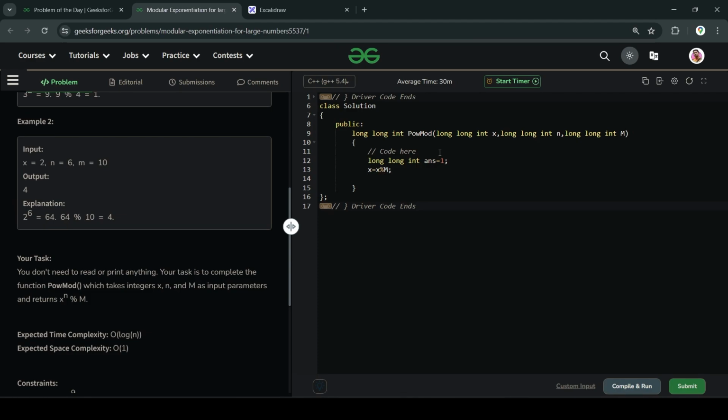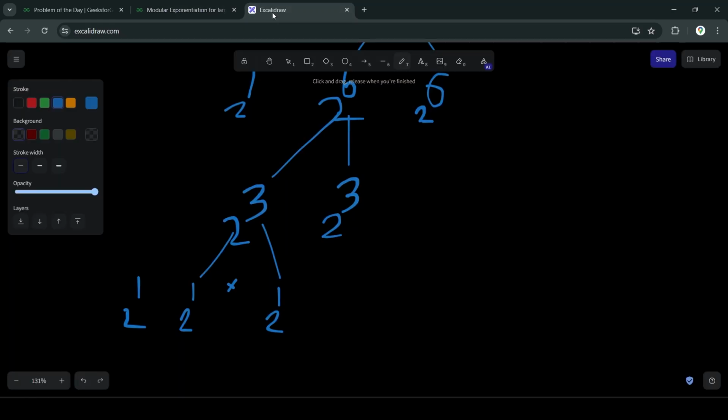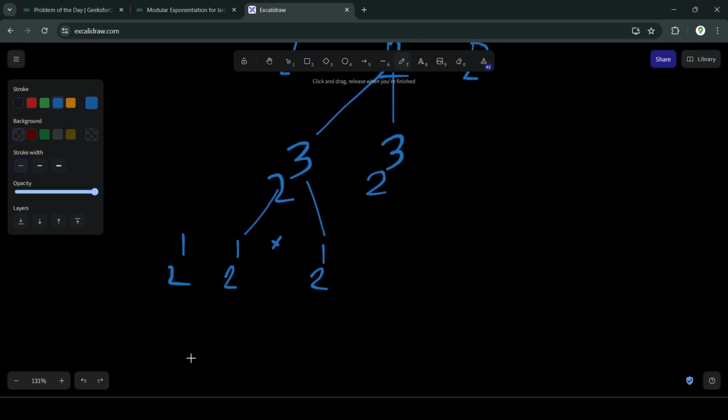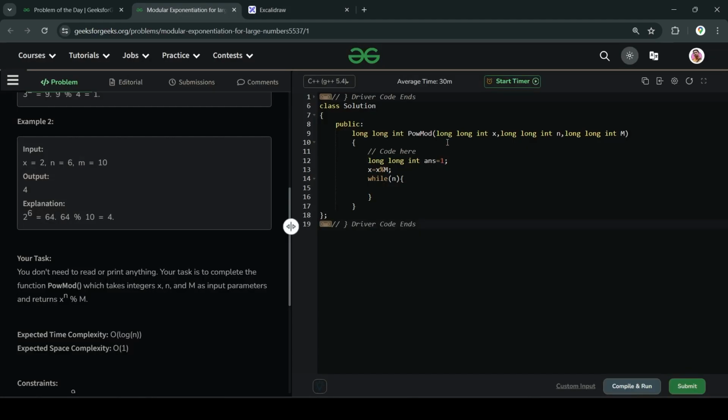Okay, so we will run a while loop until n is bigger than 0, then we continue. Why? Because you can clearly see that this is the base case and we cannot move further. So until and unless the value of n is 1, we have to continue this approach.